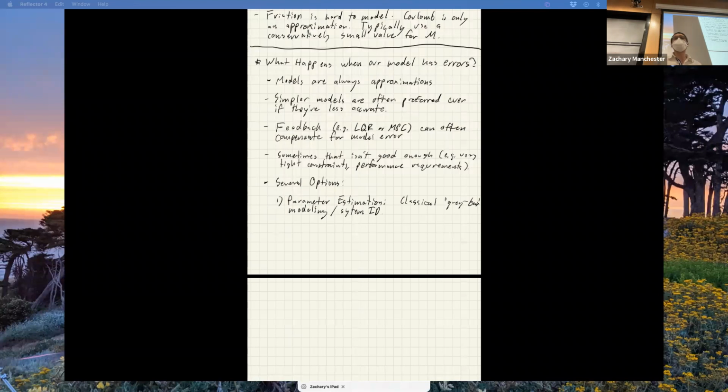The idea here is I have some model from physics or whatever that has some parameters in it, like masses, lengths of things, inertias, that I don't know super well. I'm going to collect some data on the real system, do some experiments, and fit the parameters of my model.